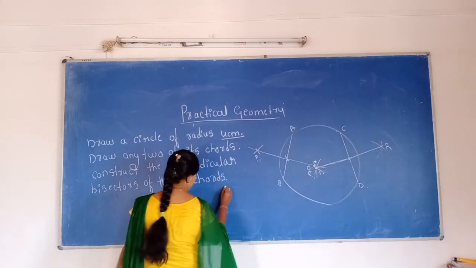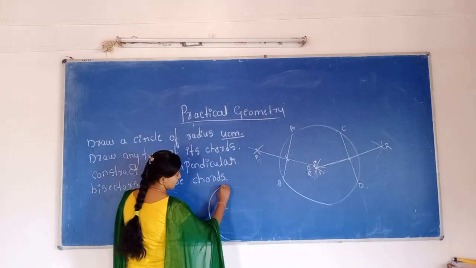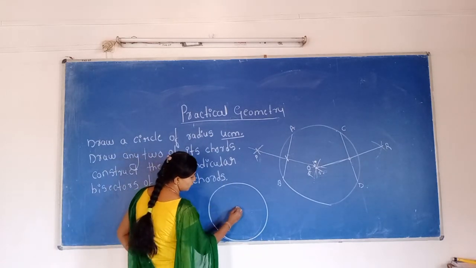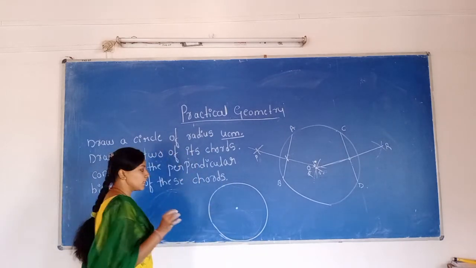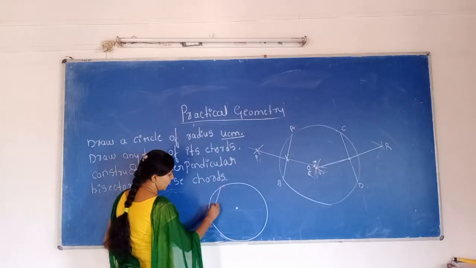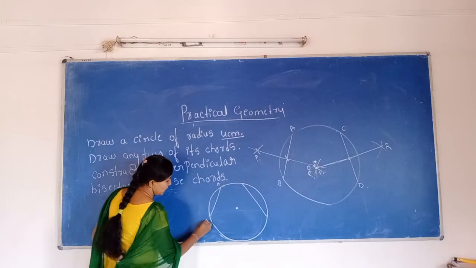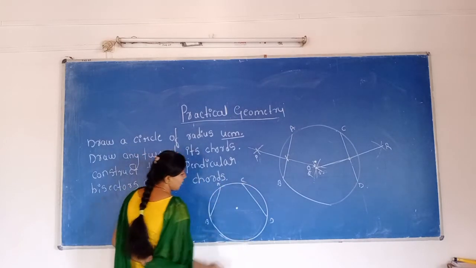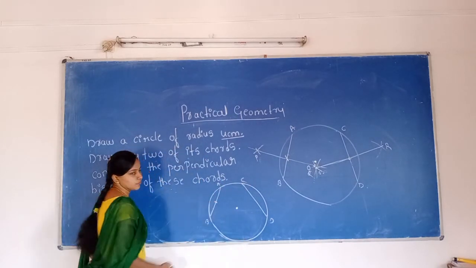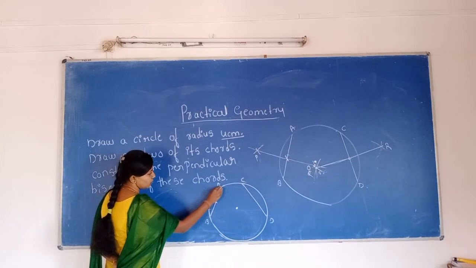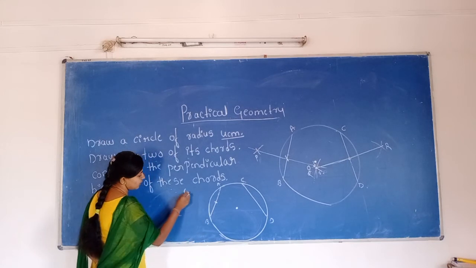First of all you have to draw a 4 centimeter radius circle. You have to take any two chords. Name it as A, B, C and D. Again you have to take a center point of AB. Now you have to take more than half of this line and cut from A side and the B side.